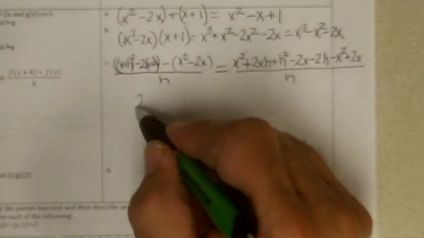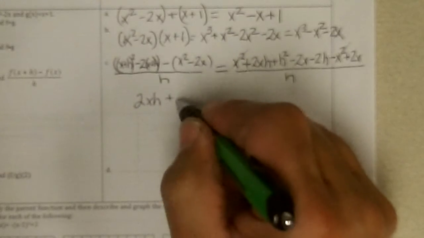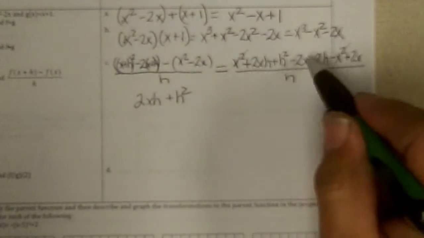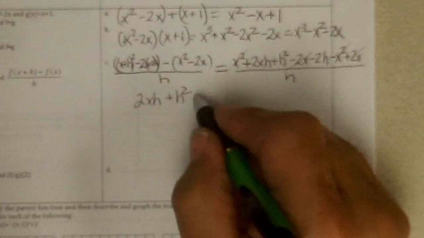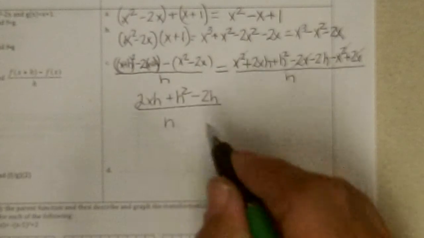So we have an x squared minus x squared, they're gone. We have a 2xh, nothing to cancel it. We have h squared, nothing to cancel it. We have minus 2x and a plus 2x. They're gone. Minus 2h, all over h.